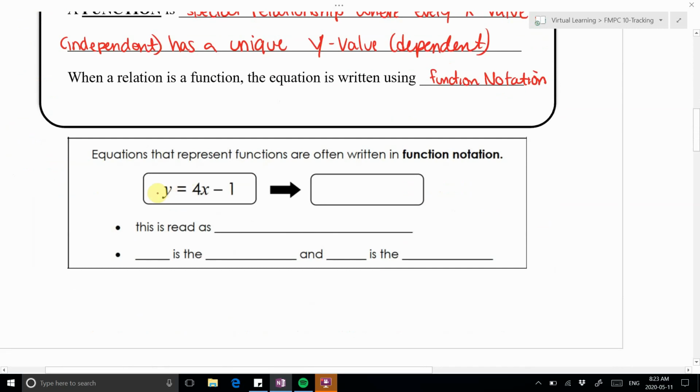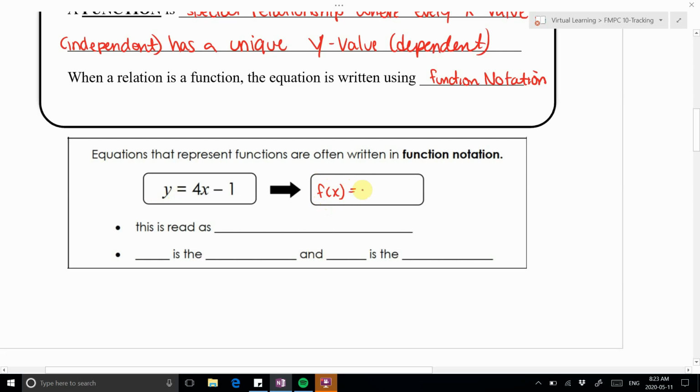So they're very similar. So remember before we had that y equals 4x minus 1. Well, if we have a function, instead of writing y, we write what we call f of x. And what this shows is that we have a function of x. So we have a graph where there's only one y value associated with every x value.